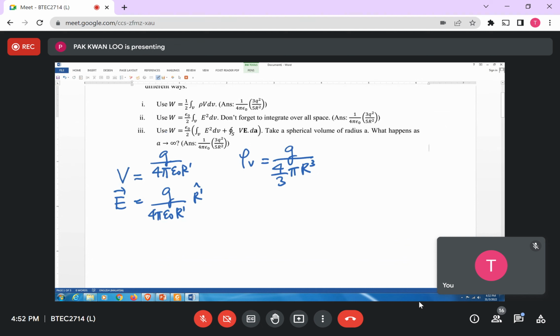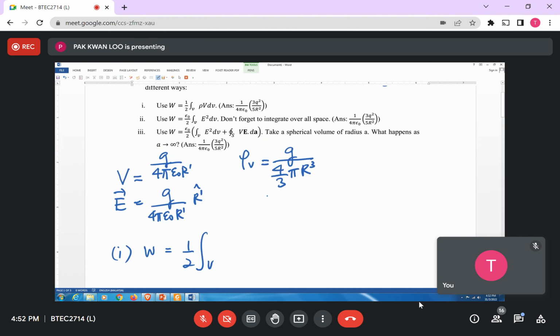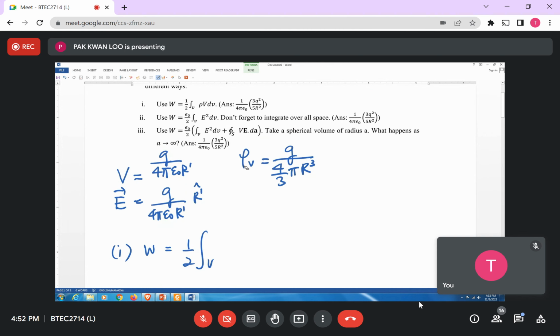Okay, so let's try to confirm this first, whether I did it correctly. So rho is the charge density. Basically this is rho, the volume charge density.